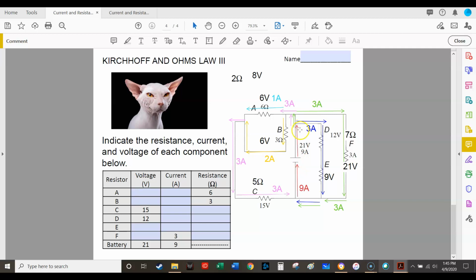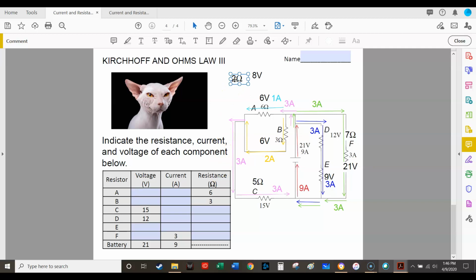Because 9 amps coming in, 3 amps plus 3 amps plus 3 amps has to be what's leaving. Okay? So that means D is 3 amps and E is 3 amps.